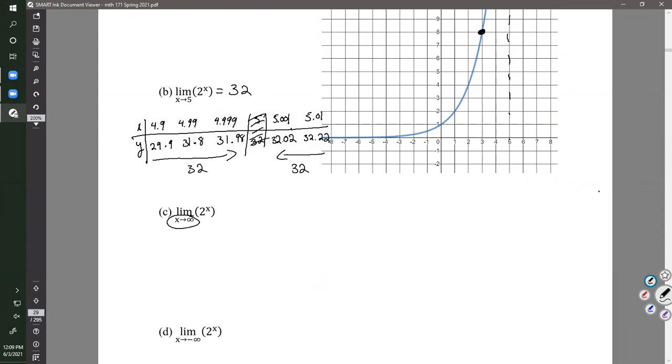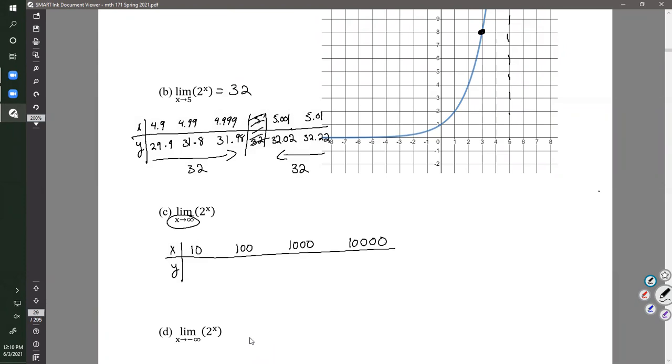And so we're going to make a t-chart for that as well. So our x and y. And typically when I go to infinity, I start around 10. I then go up to 100, 1,000, and then maybe 10,000.